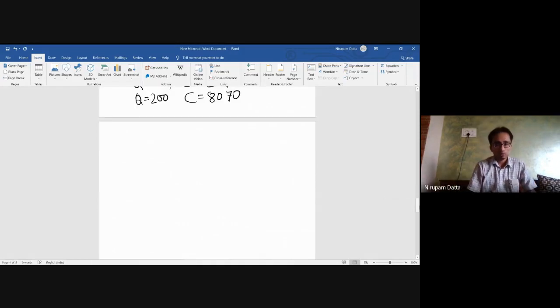So now we are into page 6. Now we come to something which is known as conditional equations.